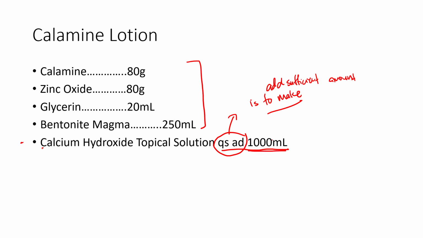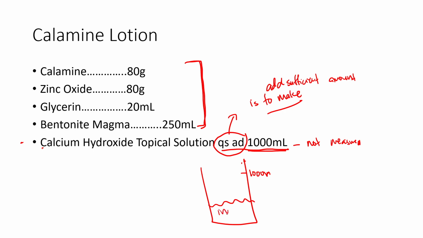1000 ml. So what you're going to do is to combine all the ingredients and put it in a graduated cylinder or any graduated vessel and add sufficient amounts of calcium hydroxide topical solution to make 1000 ml. This is not measured. Take for example, you have your beaker here and this is your ingredients and this is 1000 ml.